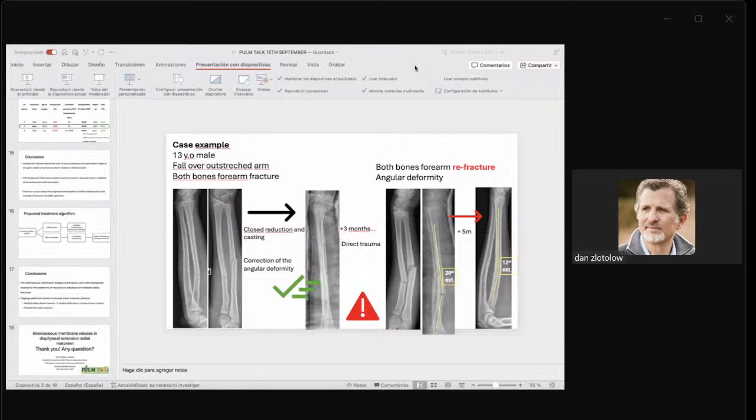But I think one thing we've discovered, through using computer modeled osteotomies, is that this is not true. I think the reason that you have a year to fix these fractures by eye is because after a year, you can't tell what the deformity is because of remodeling.